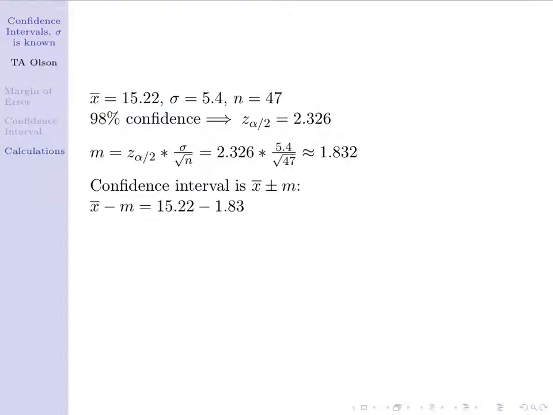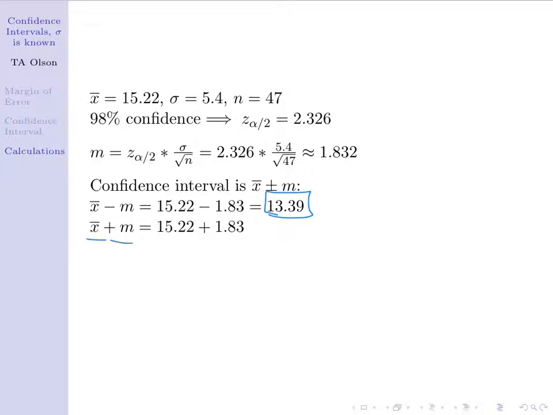Our confidence interval is our sample mean, and we're going to add and subtract our margin of error. On the low end, our sample mean minus our margin of error is 15.22 minus 1.83, which gives me 13.39. That's the low end of my confidence interval.